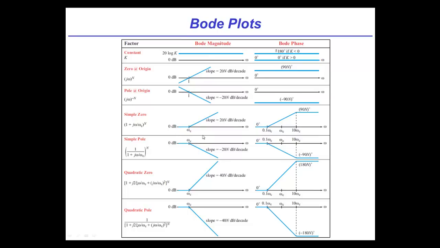So let's start by doing a simple example. The example, of course, will start with a transfer function, some arbitrary one. So I'll pick this one. This is some arbitrary transfer function, and you'll see it has some terms in the numerator and some terms in the denominator.